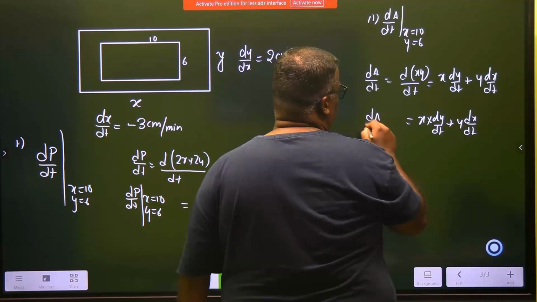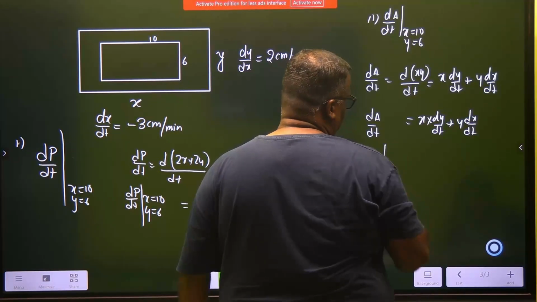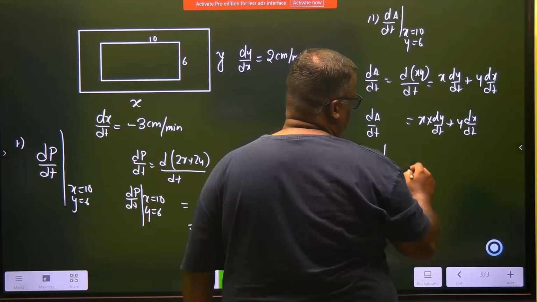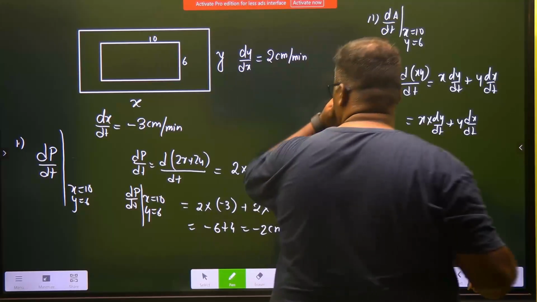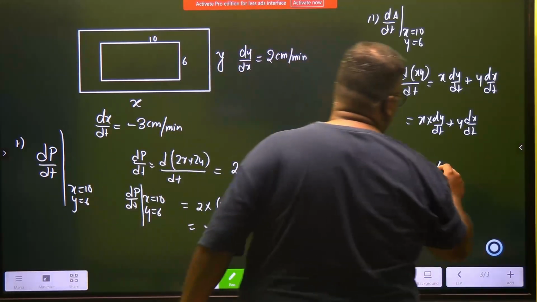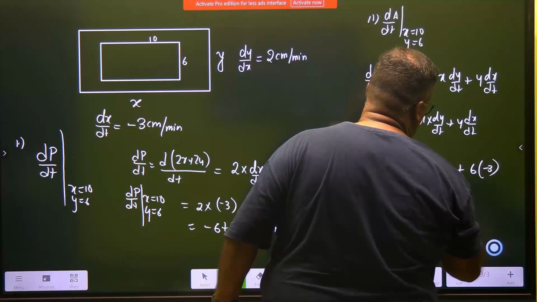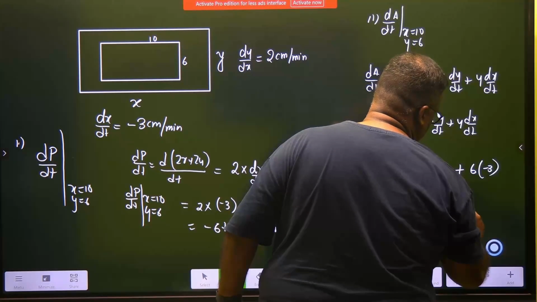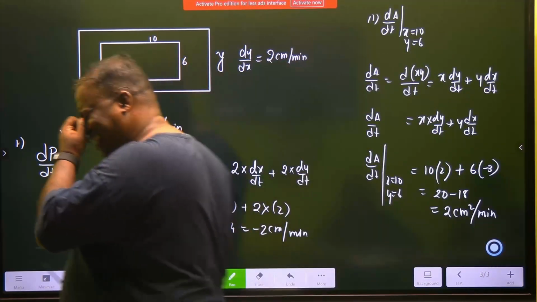This is dA by dt. Now you need to find out dA by dt at the time when x is equal to 10 and y is equal to 6. So this is 10 into dy by dt, which is 2, plus 6 into negative 3. So 10 2s are 20 minus 18, which is equal to 2 cm square per minute. Did you understand or not?